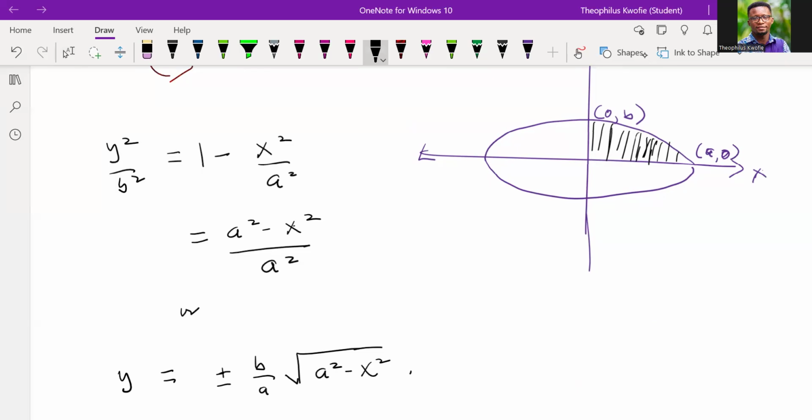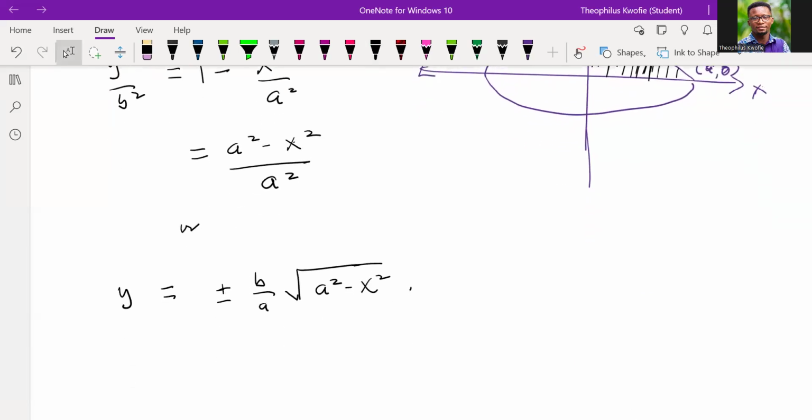Now, the part of the ellipse in the first quadrant is given by, since we're in the first quadrant, remember that everything is positive.